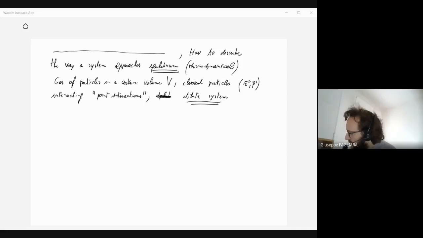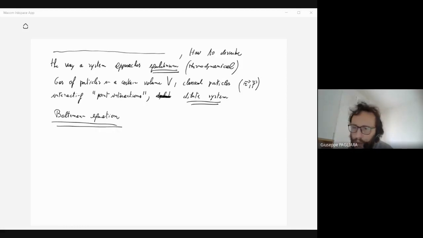So what we will derive is what is called the Boltzmann equation, which is a tool to describe exactly what we said before, the approaching of a system to equilibrium, a system of interacting, classical, dilute particles, and how from a situation which is out of thermodynamical equilibrium, we end up with a configuration of thermodynamical equilibrium.